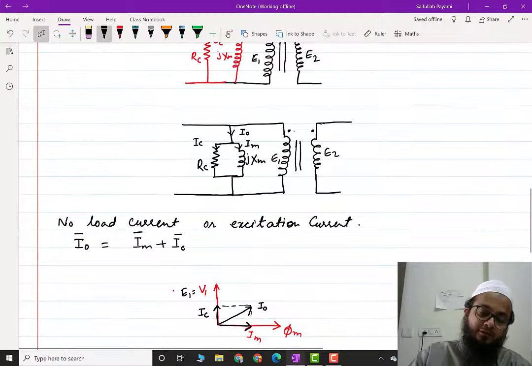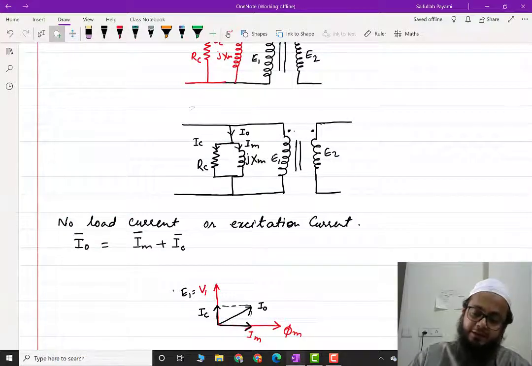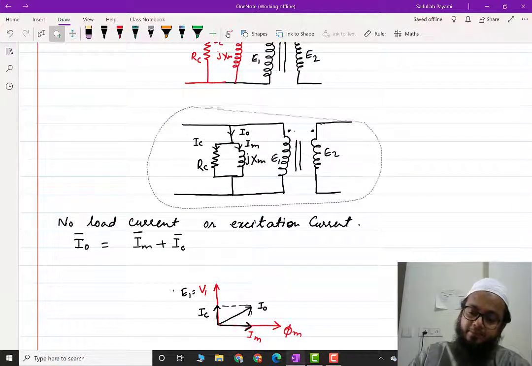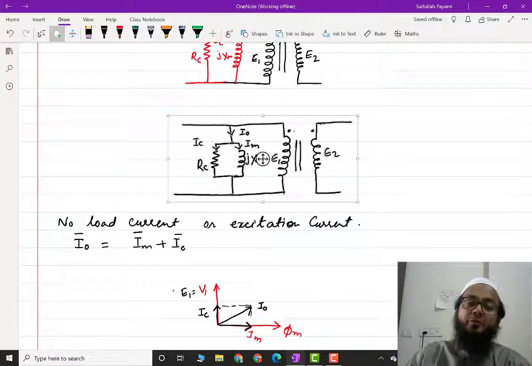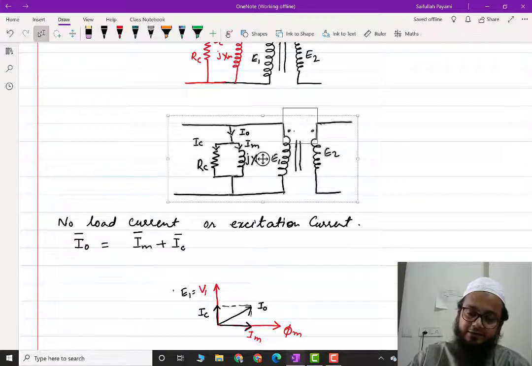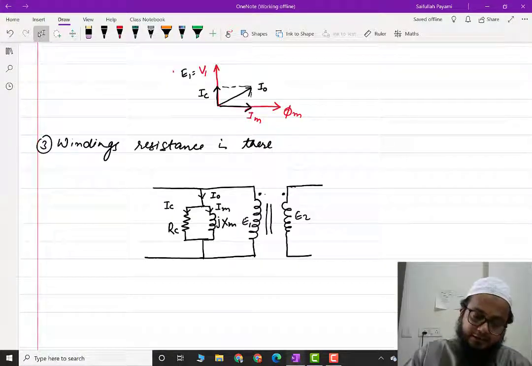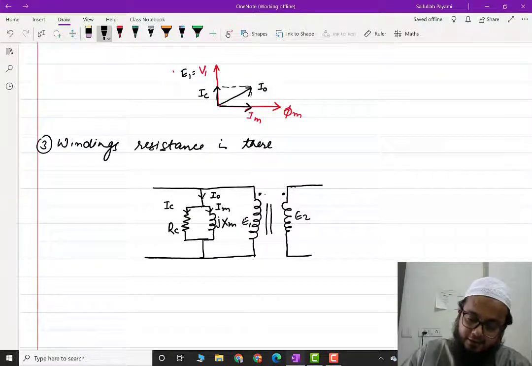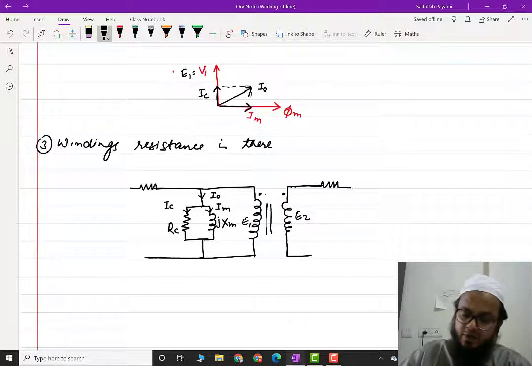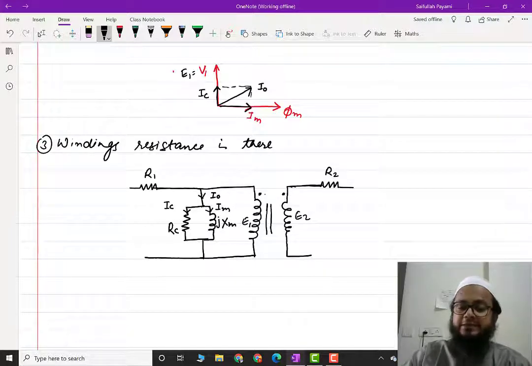So this ideal transformer's equivalent circuit would be modified further to account for the winding resistances. We say R1 for the winding resistance of the primary side and R2 for the winding resistance of the secondary side.